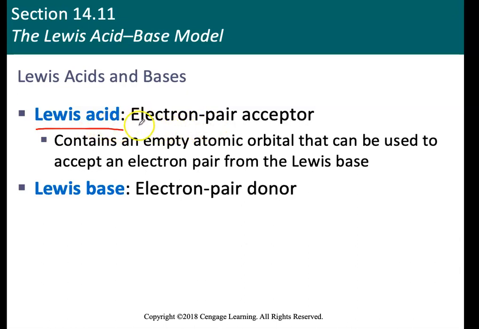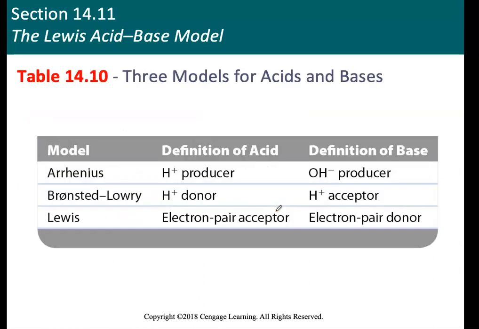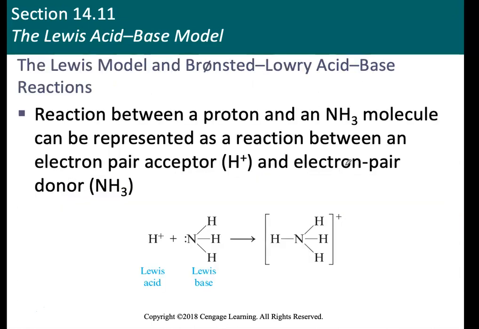So this one defines an acid as an electron pair acceptor and a base as an electron pair donor. Now you look at these definitions, they are all important, and that's why we continue to use and apply them. But you'll see that the Lewis definition really covers the entirety of the other two that we have looked at. So what does it mean?